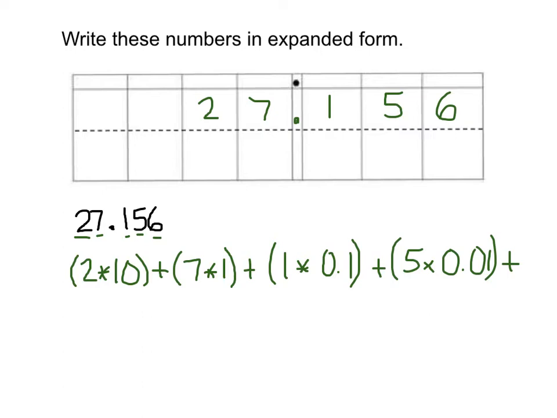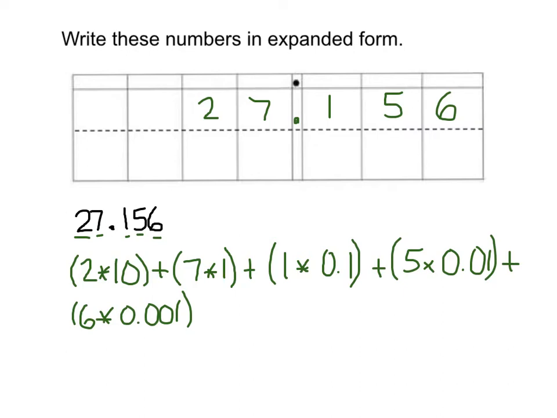I'm going to have to move on down here, but I have 6 groups of a thousandth. So that would be an expanded form. I just took each of these digits and told their value, and of course this whole number is just the sum of those. I have 2 tens, 7 ones, 1 tenth, 5 hundredths, and 6 thousandths.